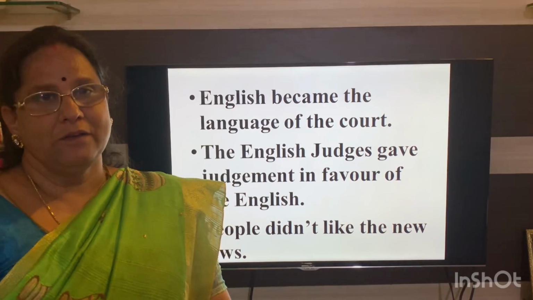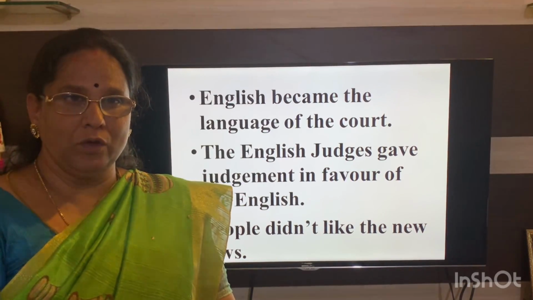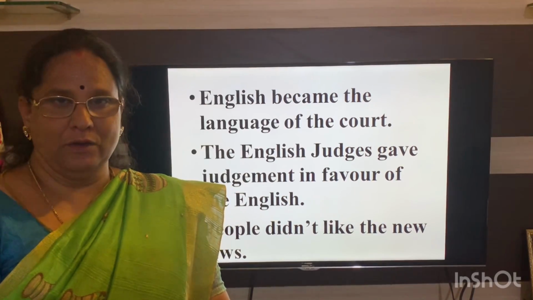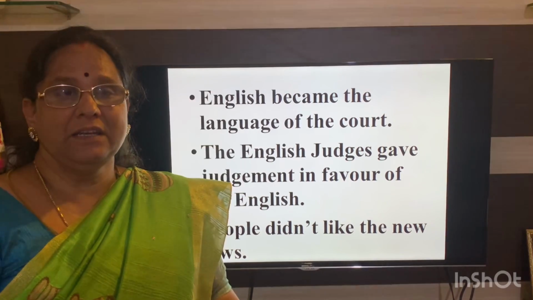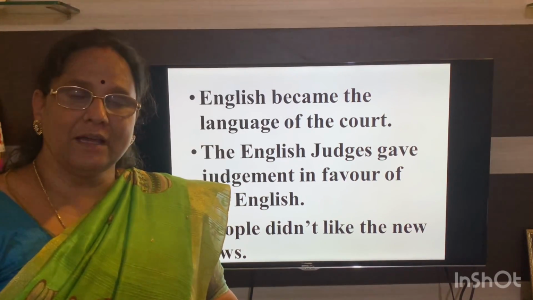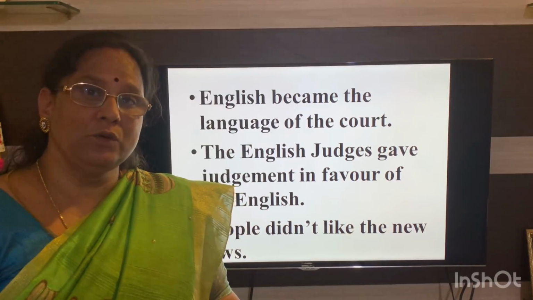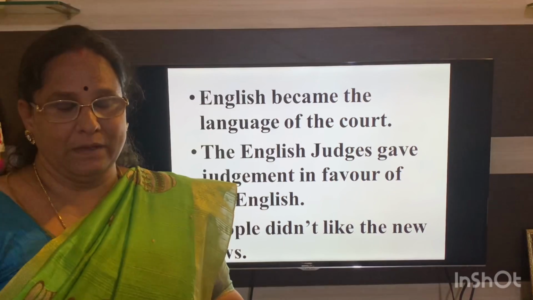So remember, first in administrative reasons we learned about two laws, civil and criminal law. Next, partiality was shown towards the Europeans. And next is the language which was utilized, the English language. And the judges were Europeans.